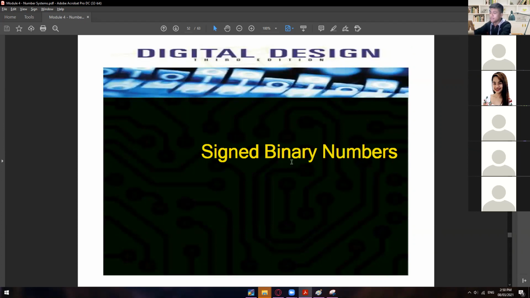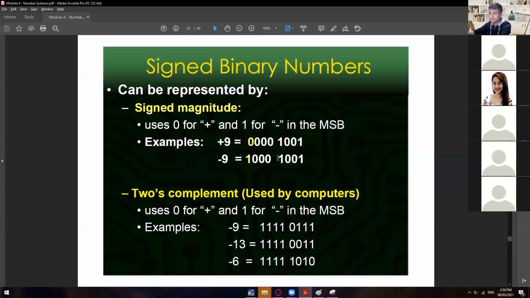And signed binary numbers is a representation wherein, for example, how do we represent positive 9 in binary numbers? It's being represented by 0, and if we have negative, it's being represented by 1. But this is just the idea part.